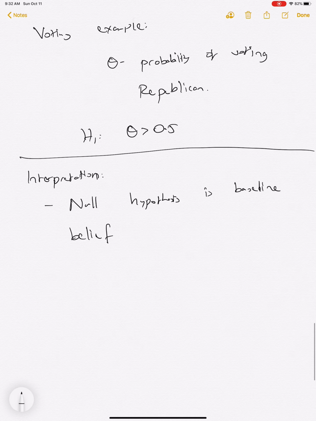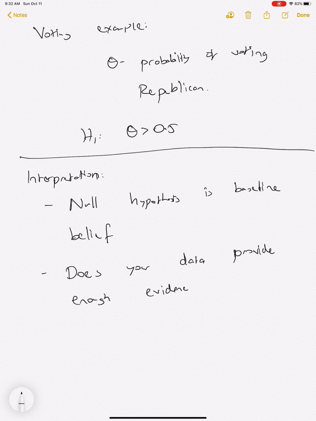The key question you're really trying to answer is, does your data provide enough evidence to reject the null hypothesis?